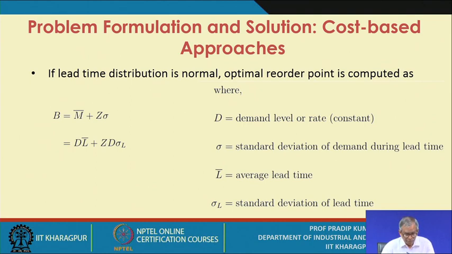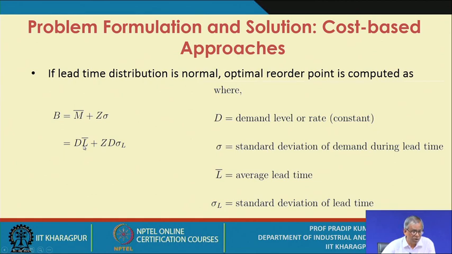Now, as far as the cost-based approach is concerned, if the lead time distribution is normal, the optimal reorder point is computed as follows. This is very important: the reorder point is capital B, and this is m bar plus z into sigma. And m bar means essentially the demand into the average or mean lead time.